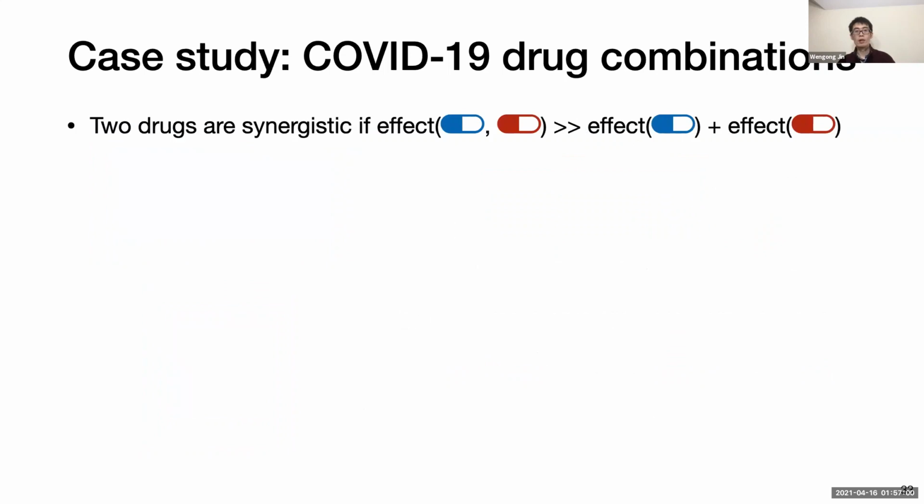Here, what we want to do is find drugs that are synergistic to each other. I'm being a bit hand-wavy here, but by synergy, I mean that if two compounds are synergistic, then 1 + 1 is greater than 2. If you combine the two, their effect is much greater than their additive effects if you applied them separately and just added the effects together.